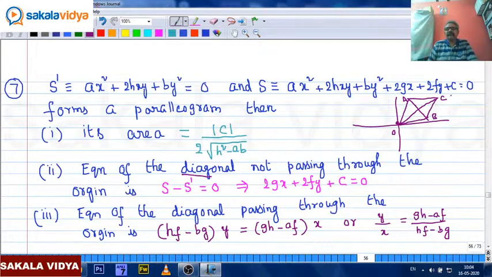This is the point of intersection: hf minus bg by ab minus h square, gh minus af by ab minus h square. So s is equal to 0, s dash is equal to 0 will form a parallelogram like this. Then the concepts related to this parallelogram: area, equation of the diagonal not passing through the origin, and next equation of the diagonal passing through the origin. Understood now?